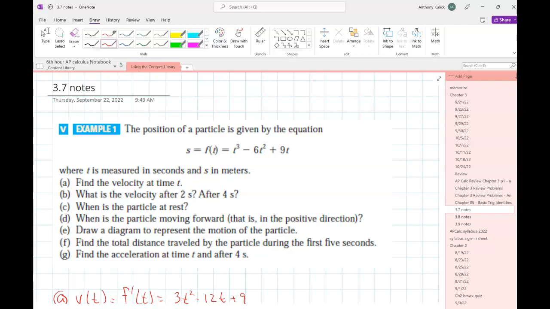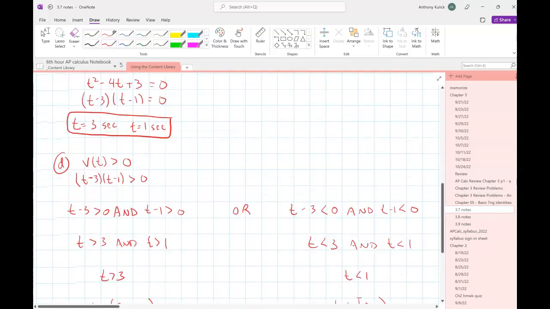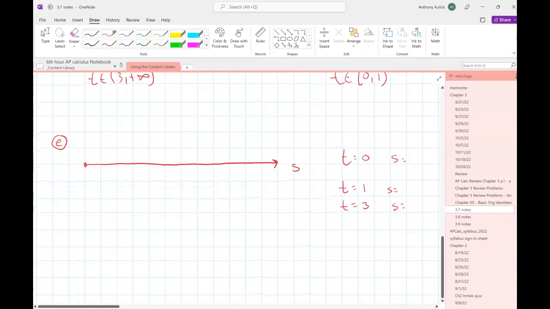About 4. 1 minus 6 plus 9. When I plug 3 in, 27 minus 54 plus 27. 0. You guys would have used your calculator. It's not a big deal.